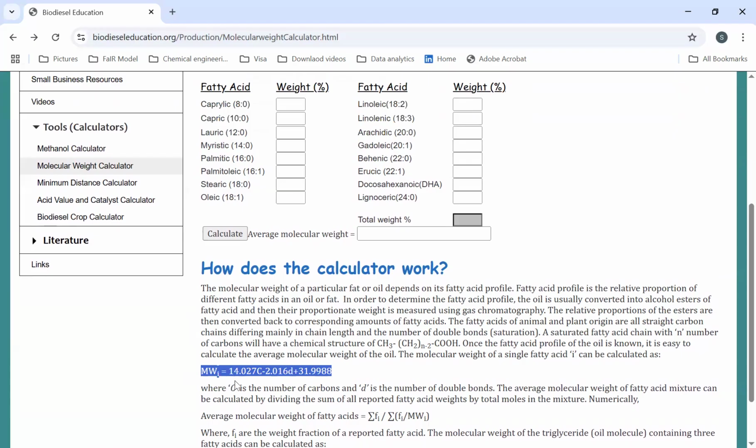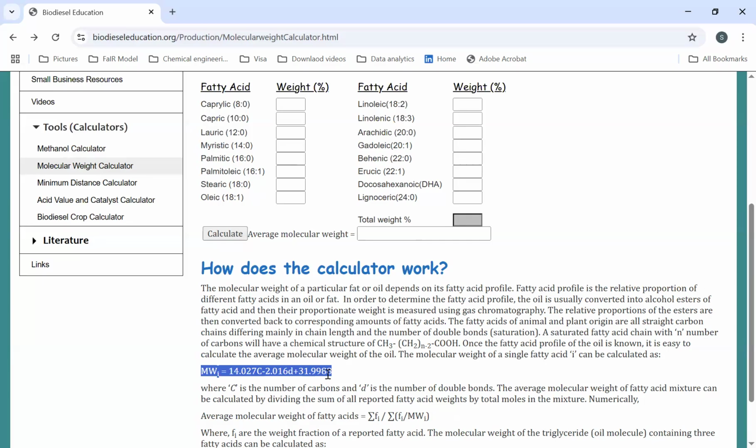So basically 14 times the number of carbon atoms in your oil or in your lipid minus 2.1016 times the number of double bonds, and then plus this constant 31.99.